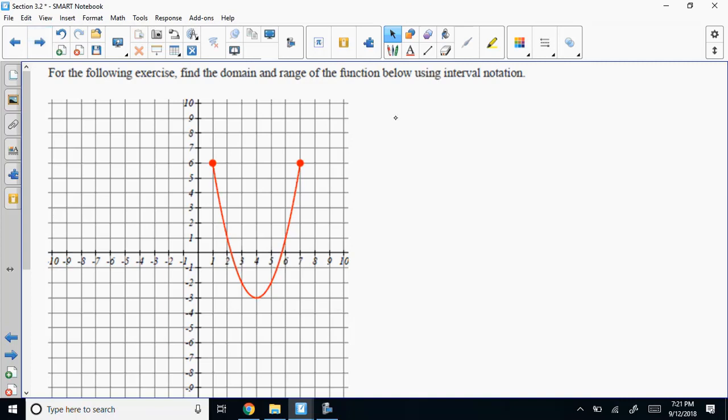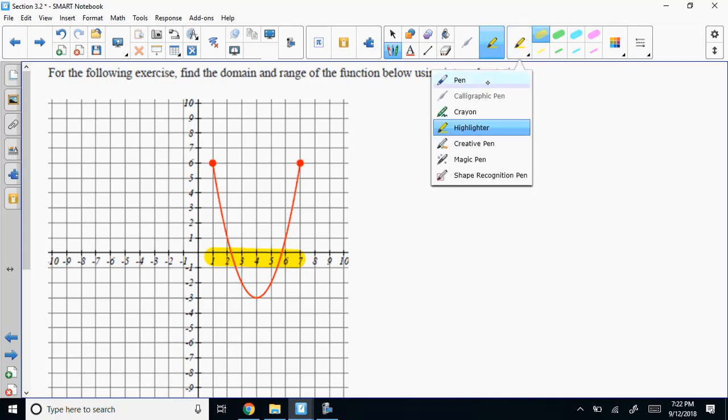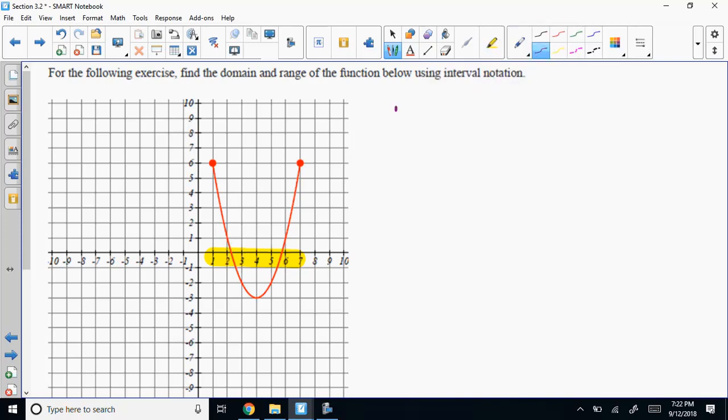So if I'm looking at domain, which is x values, right, then I'm basically only looking from here to there, from 1 to 7, right? Now, does it include 1? Yes or no? Yeah? Okay. So domain 1 to 7 includes 1, and it also includes what? 7.